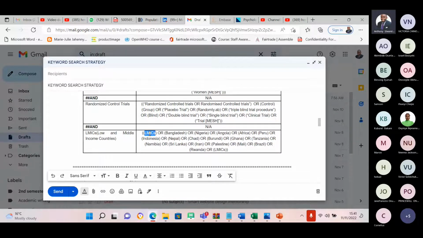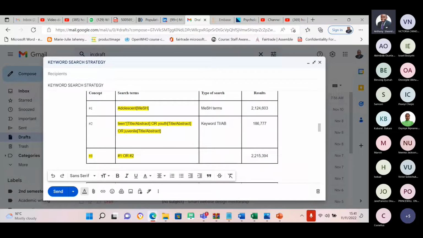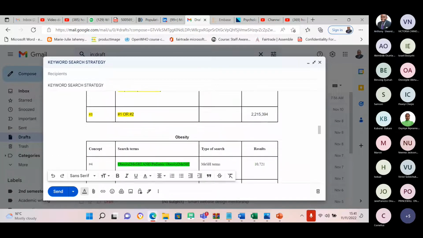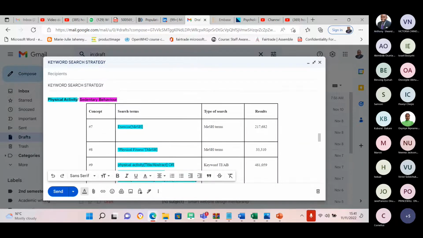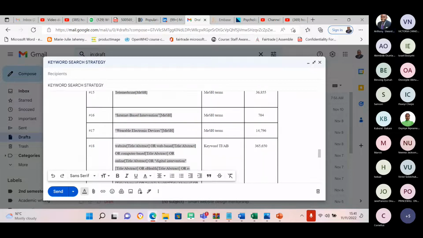You can see some keywords I've gotten from other systematic reviews I've read. So these are keywords: low, middle, LMIC. So you can define what you mean by low or middle income countries. Listing it like this, okay? You can do all these things on your own if you are to develop your research ability.